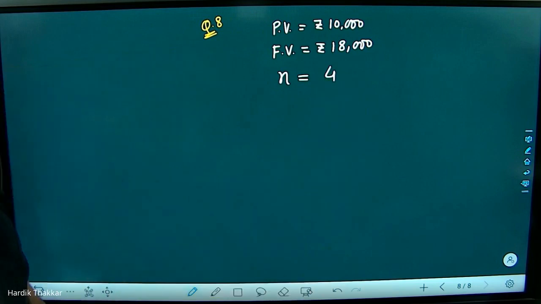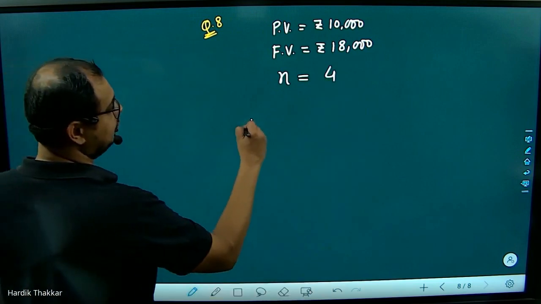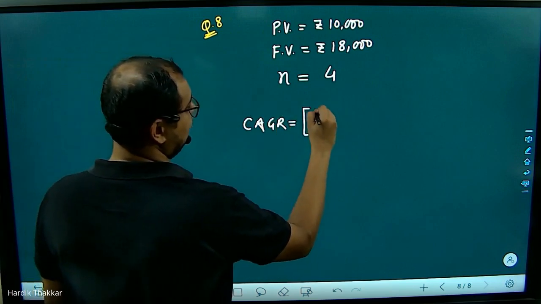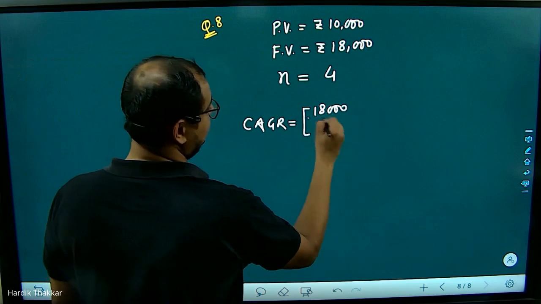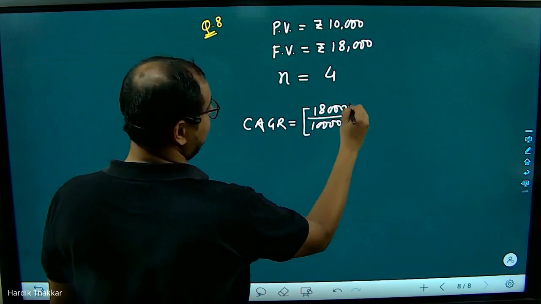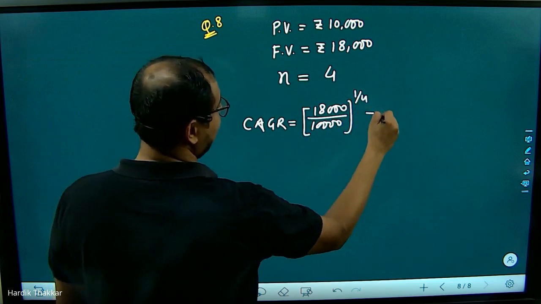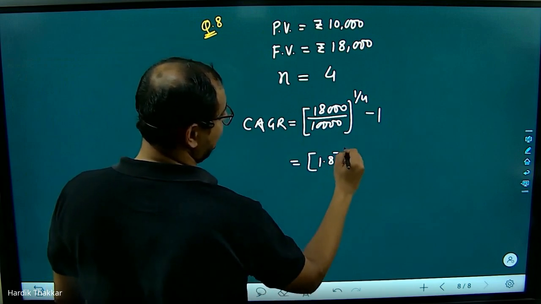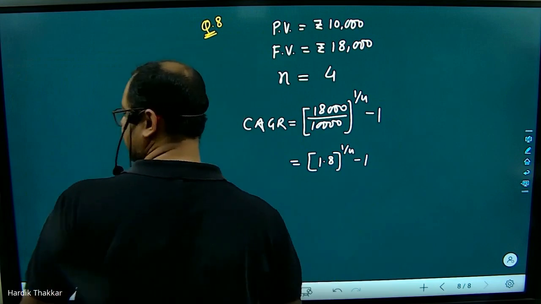Correct. Okay. अब solve करो, formula लगाओ CAGR का. CAGR is equals to 18,000 divided by 10,000 whole raised to power 1 by 4 minus 1. So it is 1.8 raised to power 1 by 4 minus 1. Correct?